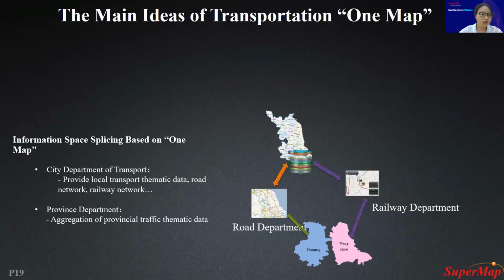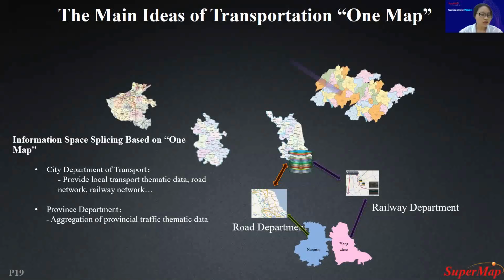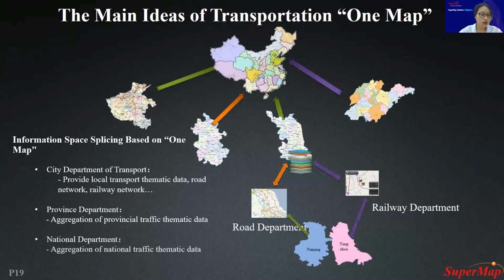The first level is the City Department of Transport, which provides local transport thematic data, road network, and railway network. The second level is the Province Department, which aggregates provincial traffic semantic data, and the last level is national departments, which aggregate national traffic semantic data.